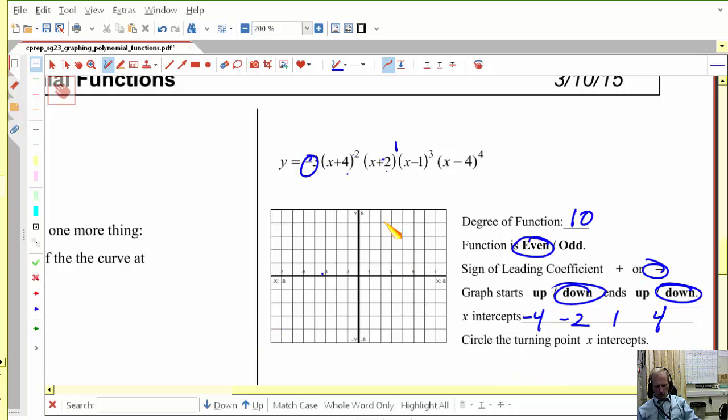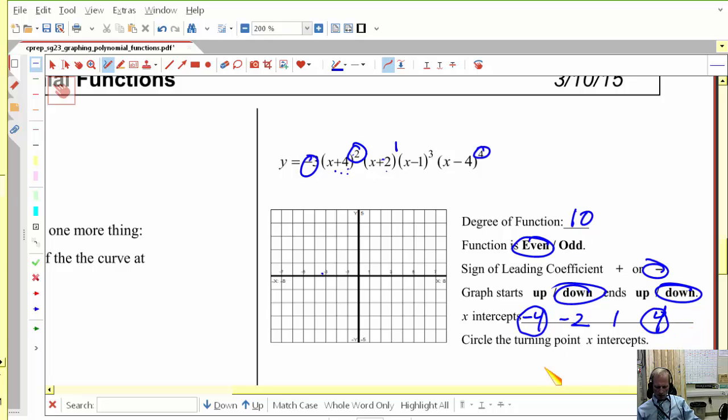Those are the ones where the graph does a U-turn when it hits them. And those are the ones that come from factors that have even exponents. So if you look, x plus 4 has an even exponent. What's the intercept associated with that? Negative 4. X minus 4 also has an even exponent, and its x-intercept is 4.